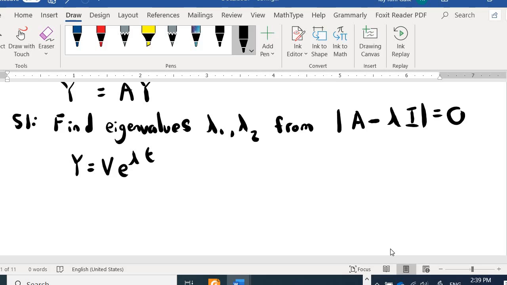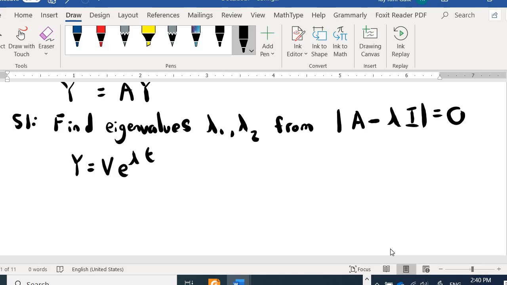For A 2 by 2, you should have 2 eigenvectors, v1 and v2. So the second step, you find eigenvector v1, and the third step, you find eigenvector v2. Later your solution will be a v1 exponent lambda 1 t plus b v2 exponent lambda 2 t.